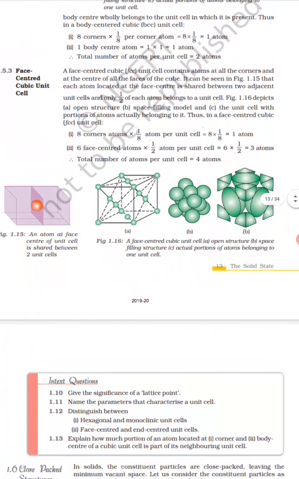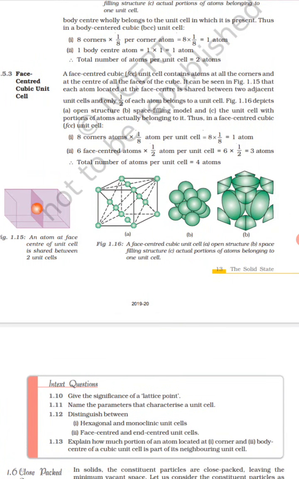The next is face centered cubic unit cell, FCC. In FCC, as we have seen, the particles are present at the vertices as well as the center of the faces. The contribution of particles at the vertices will be 1, as we have already seen, 8 into 1 by 8. Now, any cube has 6 faces.